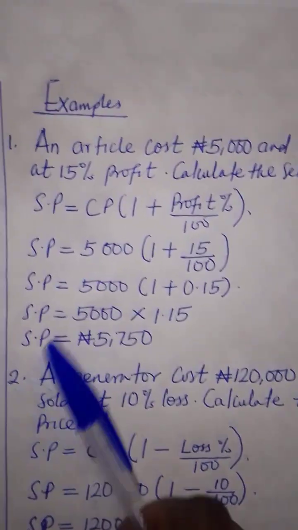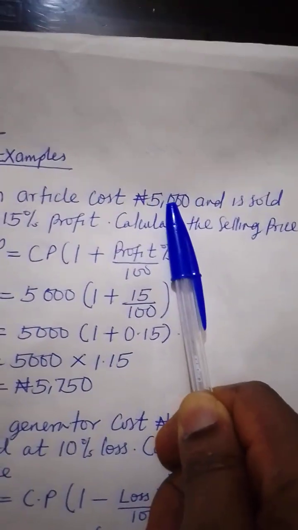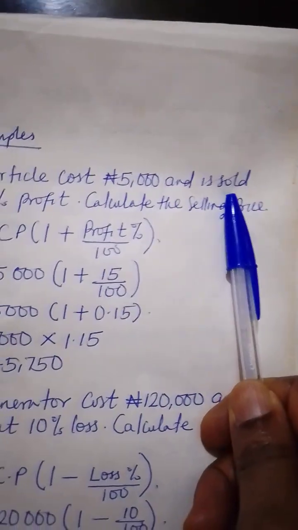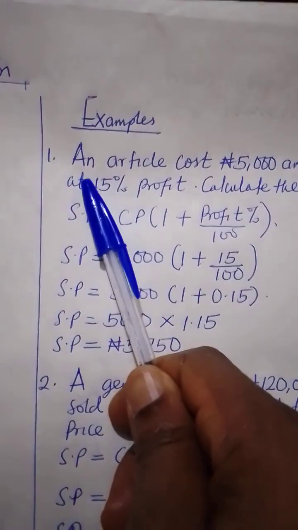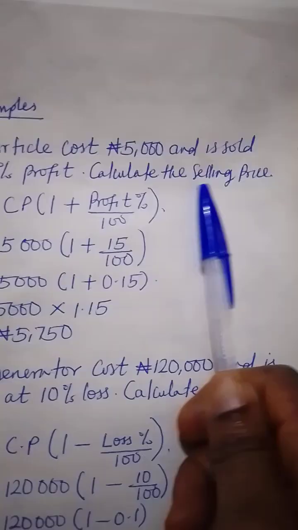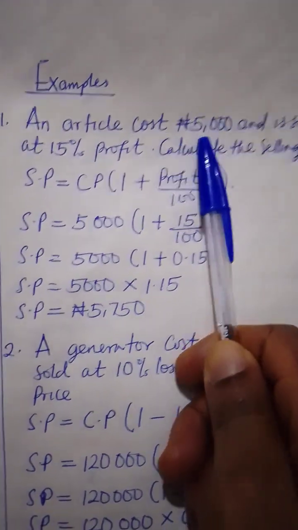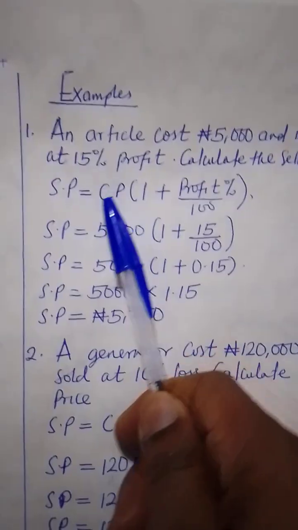So let's see some examples. An article costs 5,000 naira and is sold at 15% profit. Calculate the selling price. Of course, we have cost price, we have percentage profit. So we quote the formula.